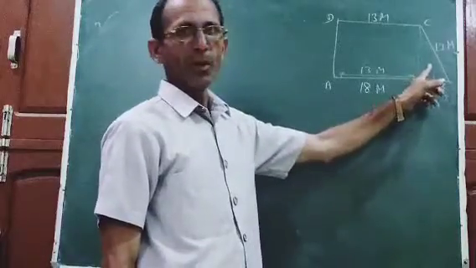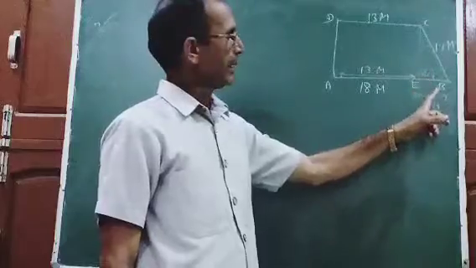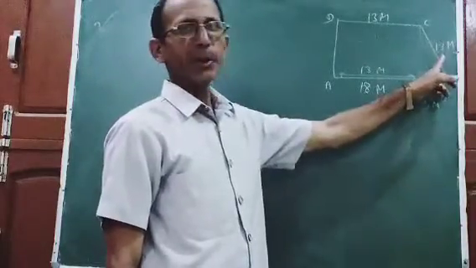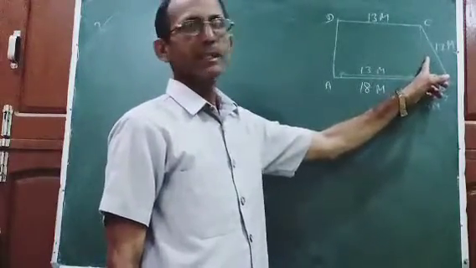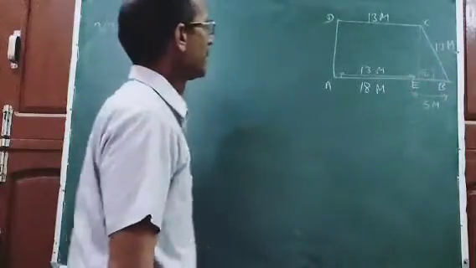Now you know in a right angled triangle, by Pythagoras theorem, base is there, hypotenuse is there, and we need to find the height, it means the perpendicular.